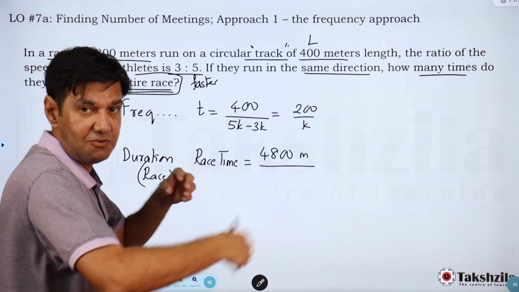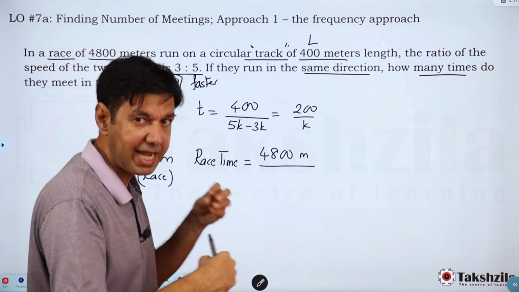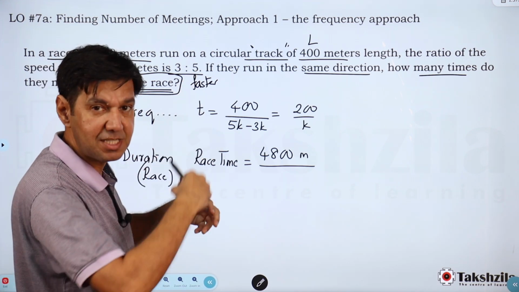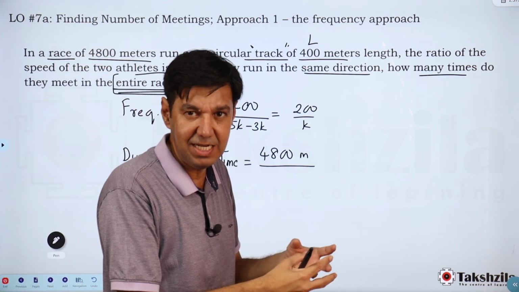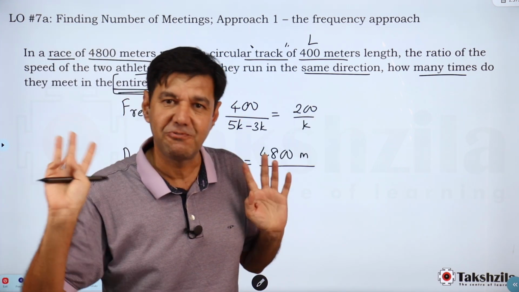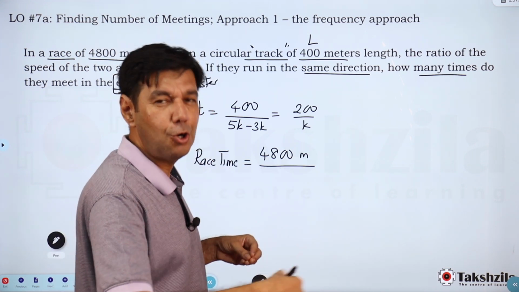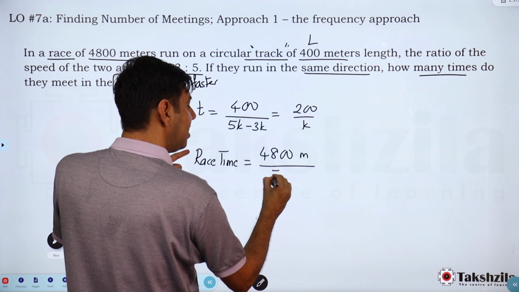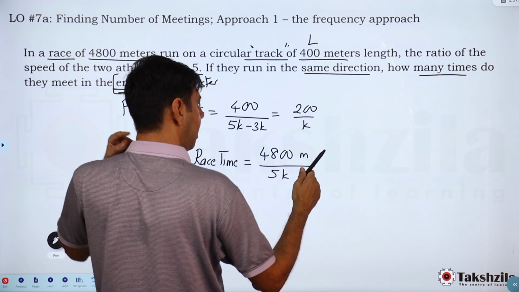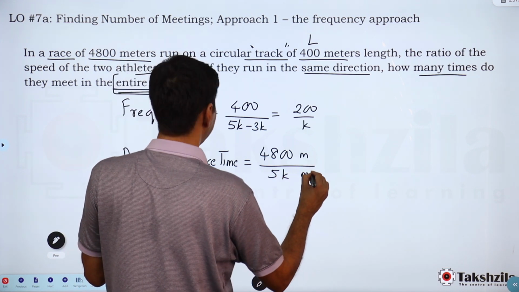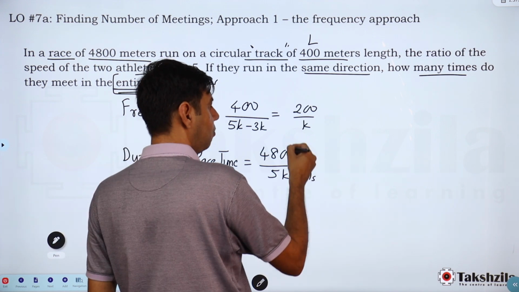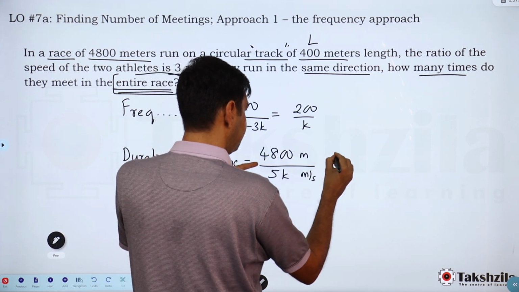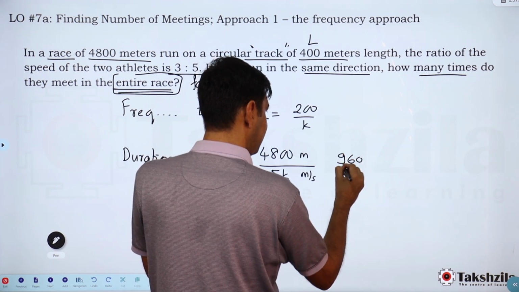The faster one is going to go ahead, the slower one is lagging behind, and that is circular, so they'll keep meeting, but the faster one will finish and get off the track. Then the slower one will keep continuing, but no meeting is happening after that. So the faster one is 5k. This is meters per second, let's assume. So this 5 will cancel, and this will become 960 by k.